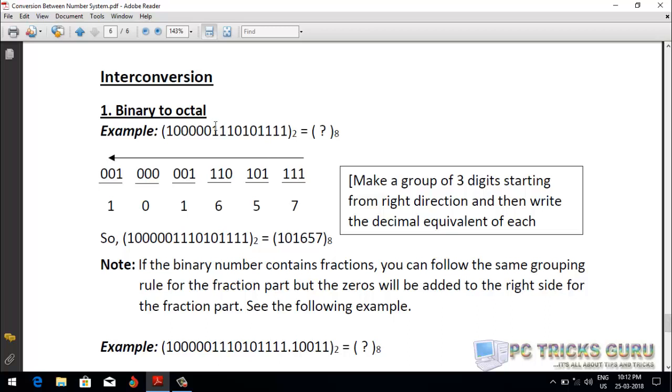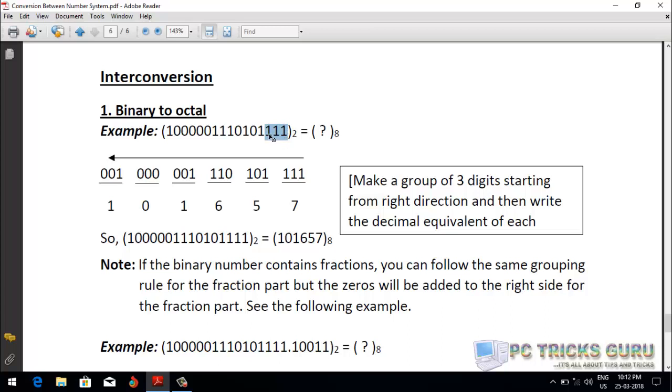So the value which we have here is 100000111010110111 1 base 2 equals to base 8, and we have to find out the value of this question mark. As we already know, we have to go from right to left, write these numbers from right to left, but the condition is that we have to write these numbers in a group of 3.